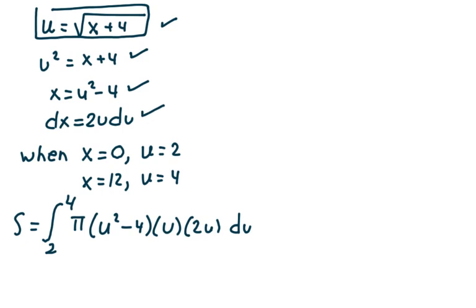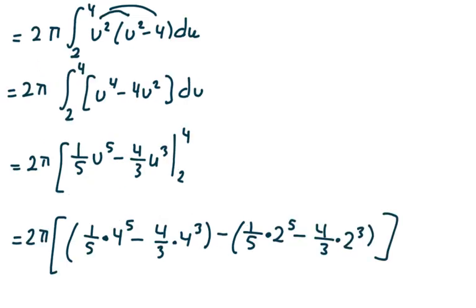Now, when x is 0, solving for u, I get u equals 2. When x is 12, 12 plus 4 is 16. The square root of 16 is 4, so u equals 4. So S equals the integral from 2 to 4 of pi times (u squared minus 4) times u times 2u.